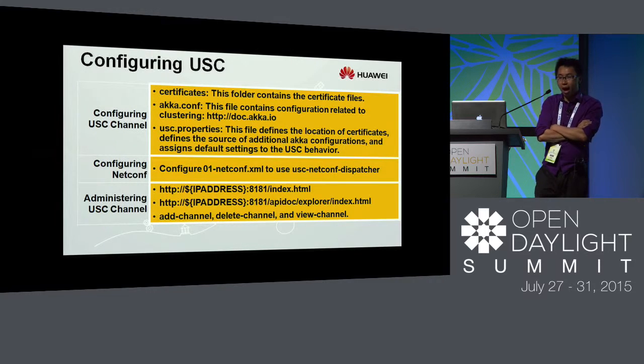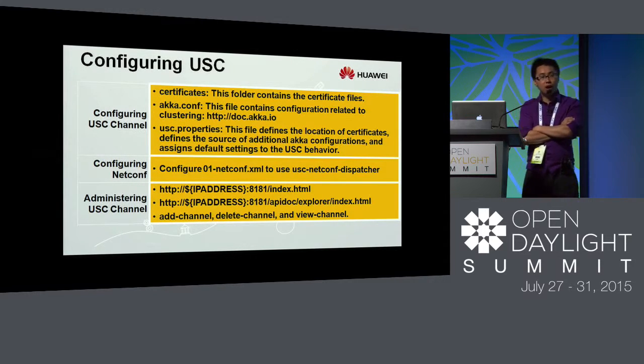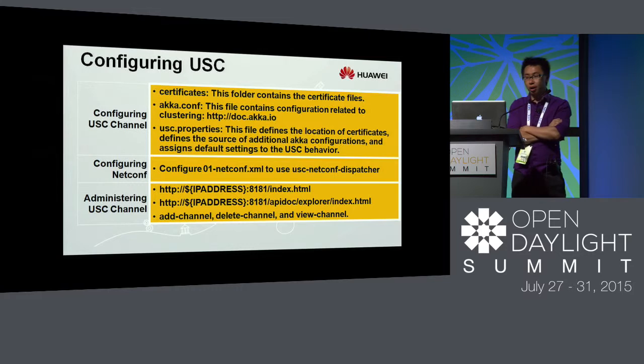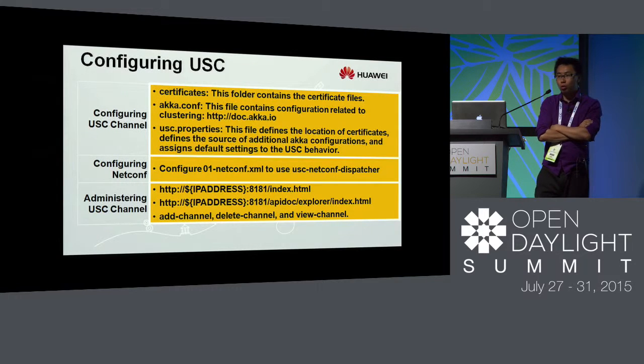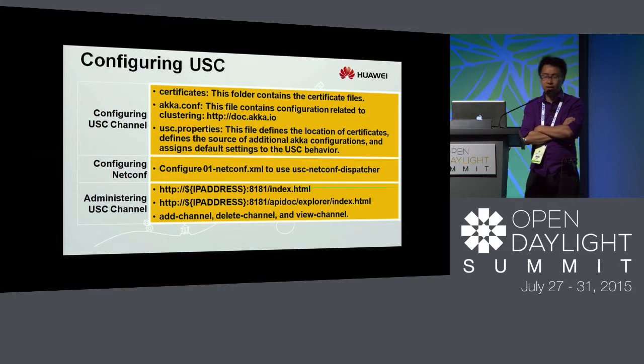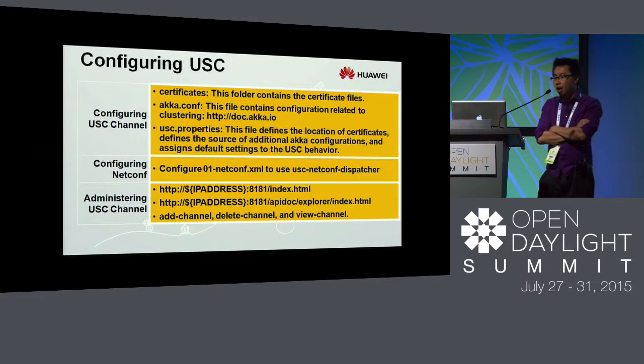We also have a usc.properties file, and in this one, you specify the location of your certificate. So if you don't like the default location that we use, then you can specify your own. We also define the location of your akka.conf file and various other default properties in USC.